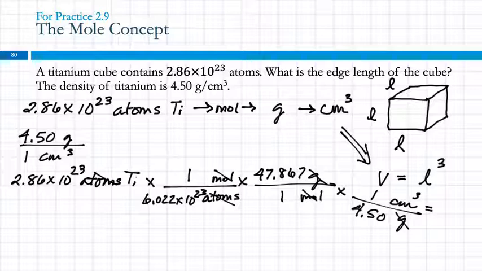Now it's a matter of sticking it into your calculator. Just go left to right. That way you don't have to write down any extra stuff. Multiply by the top, divide by the bottom.